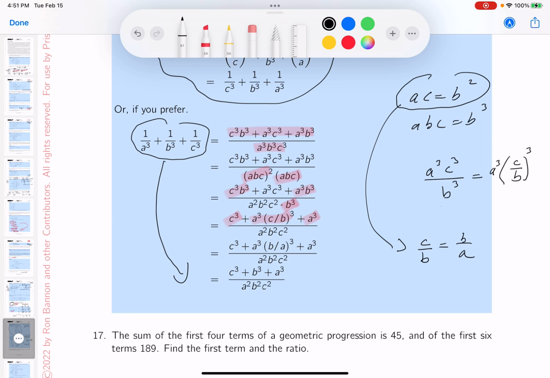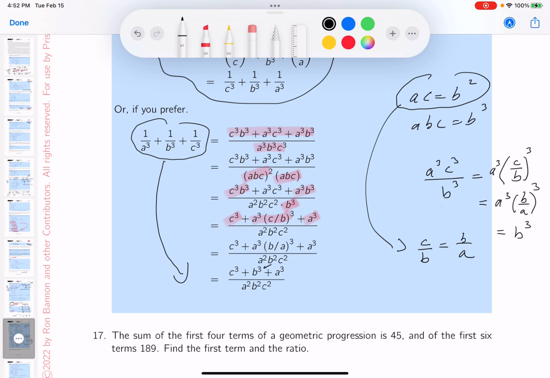I want to make sure that's true. Yep, that's true. So let's write that down. So what does this give me? It takes time and effort. A cubed and c over b is the same thing as b over a cubed. So this is the same thing as b cubed. I got it. All right, we got it.